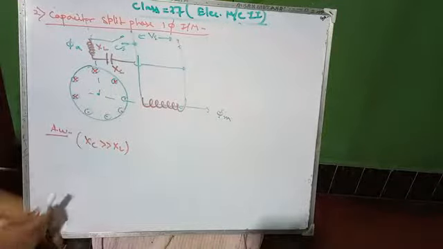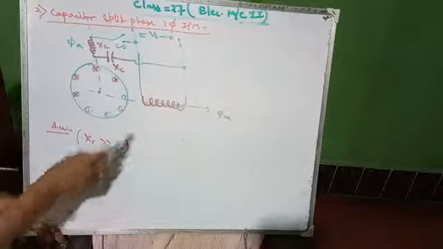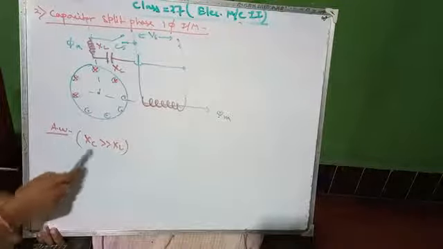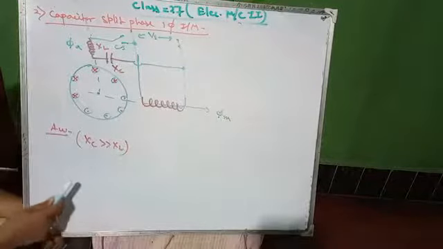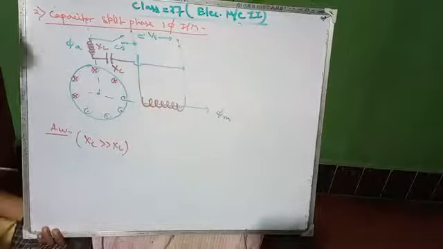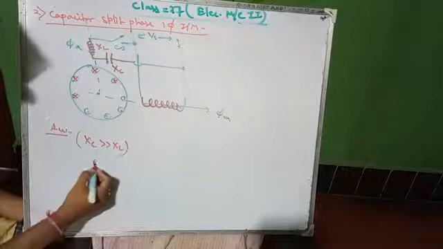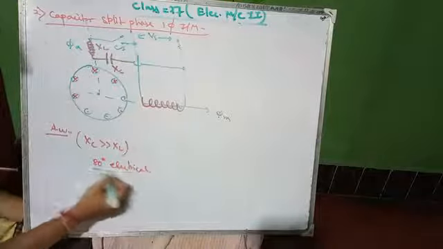The auxiliary winding is placed in quadrature to the main winding, and the electrical phase difference will be almost 80 degrees.